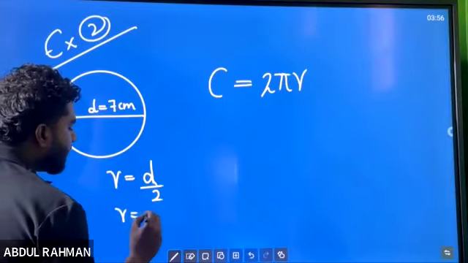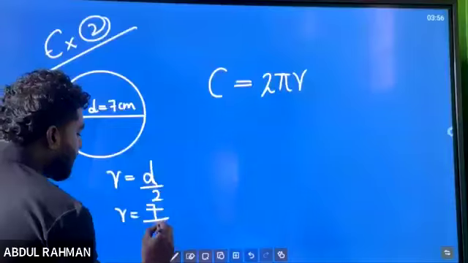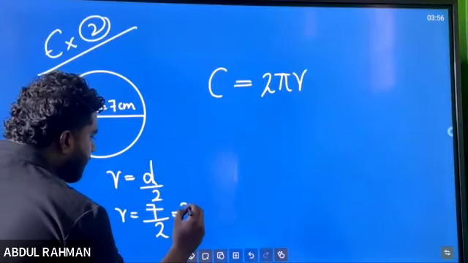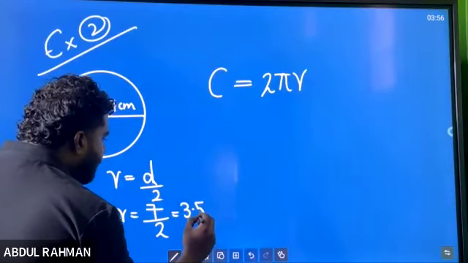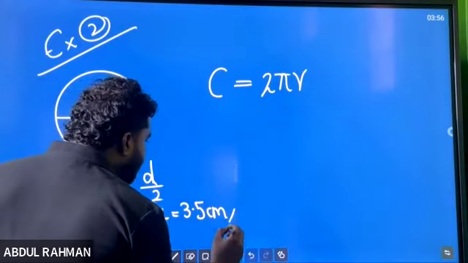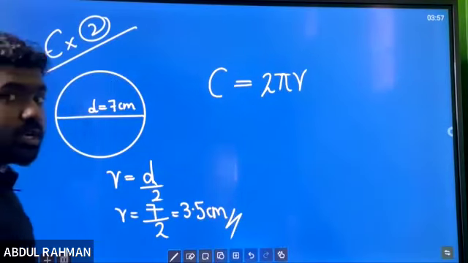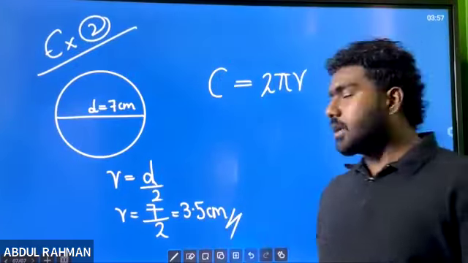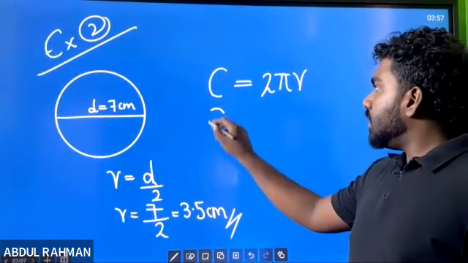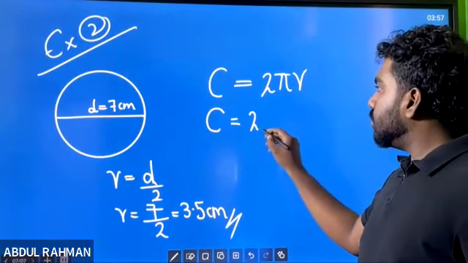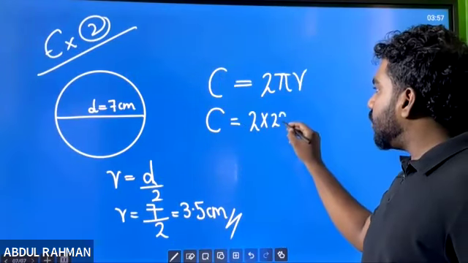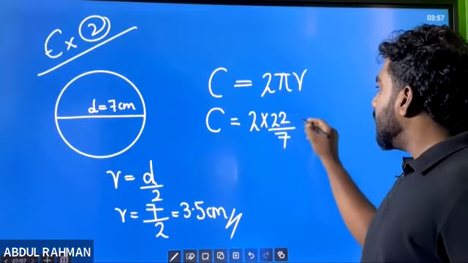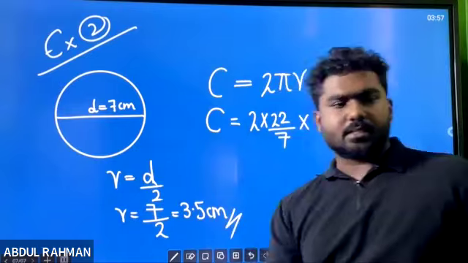What is the value of diameter? 7. 7 divided by 2, what is the answer? 3.5 centimeters is my answer. So the radius equals 3.5 centimeters. Now substitute. C equals 2 into 22 over 7 multiplied by the radius, 3.5.